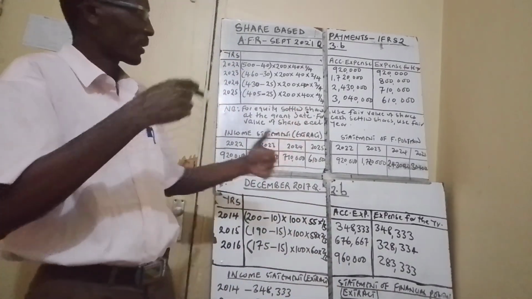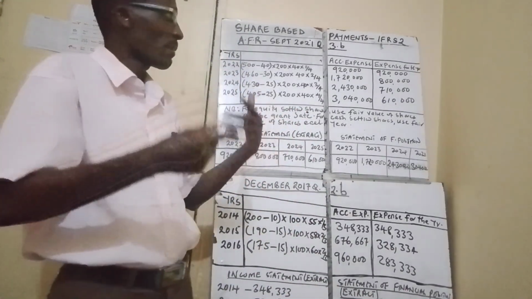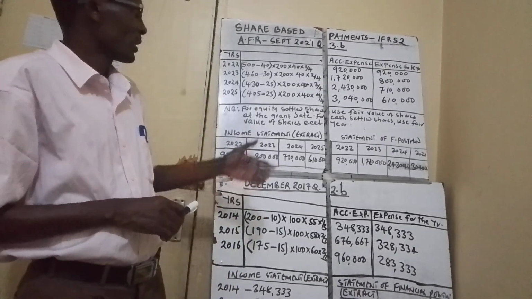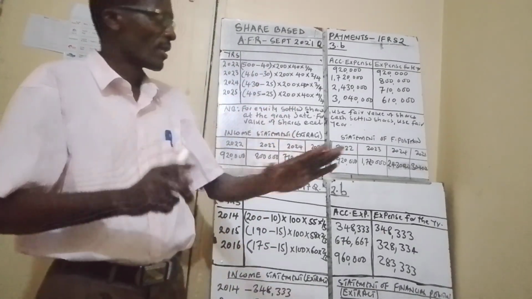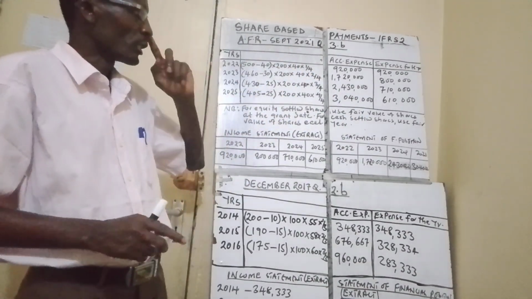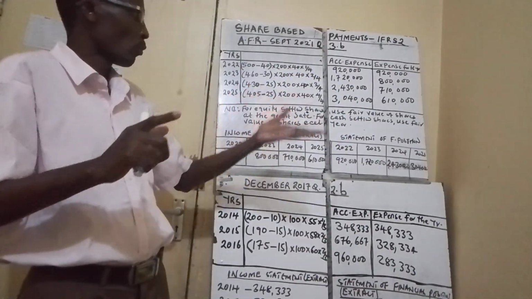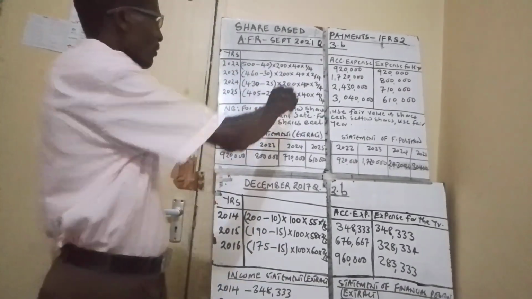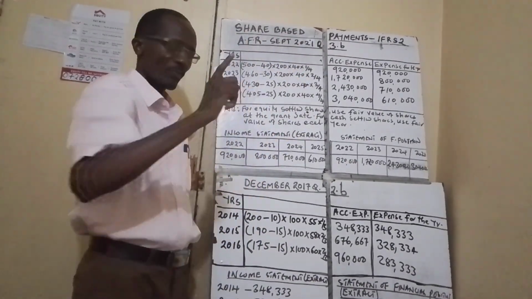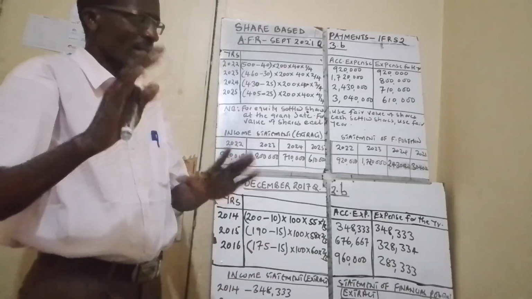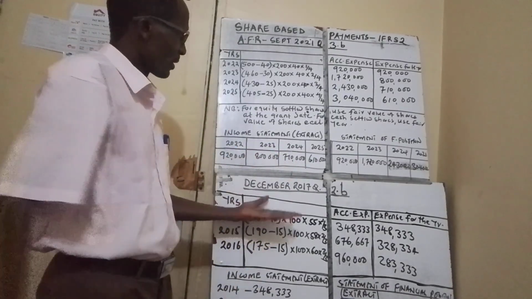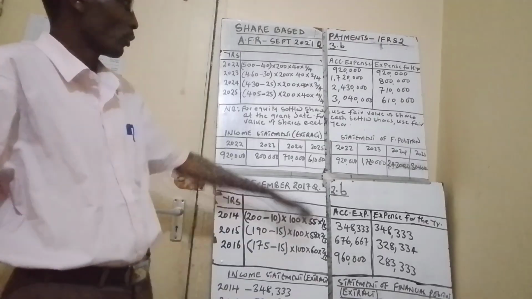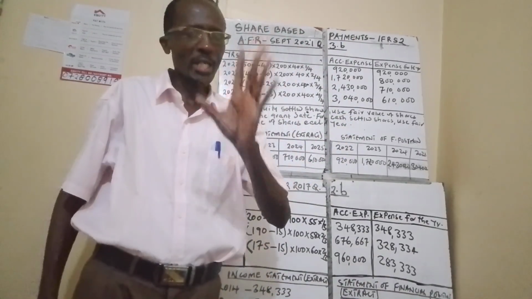So if you are told that we have a share-based payment arrangement and the method that we are using is equity settled, then throughout you'll be using the price which was prevailing as at the grant date. Therefore, that price will be constant throughout. That's a very important point.